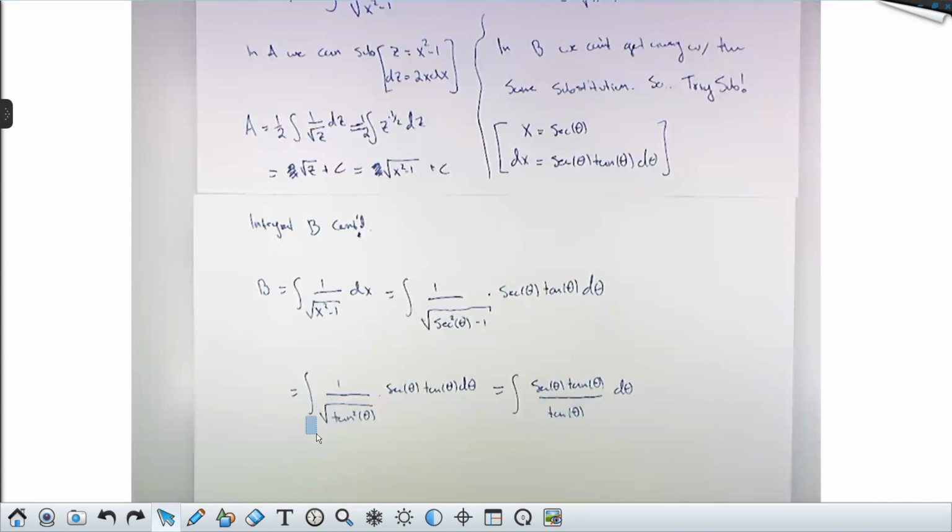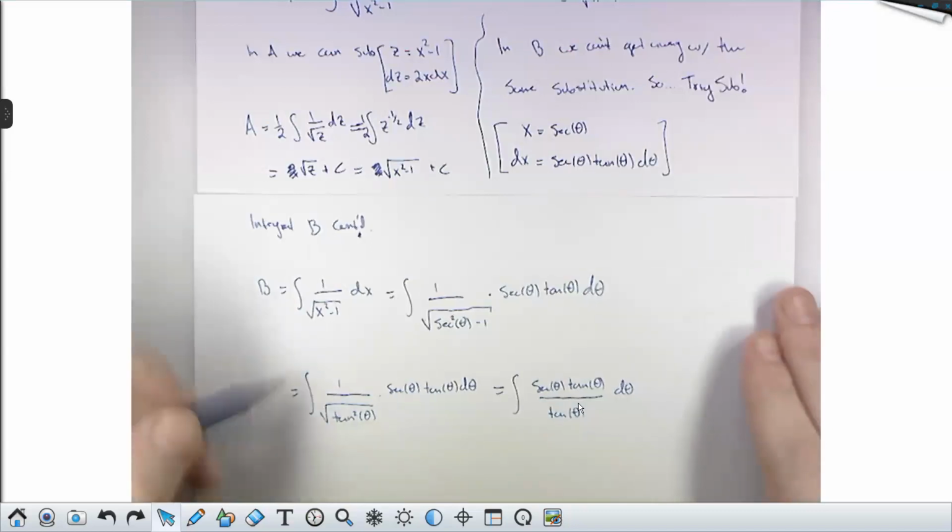In other words, if your bounds were like 0 to pi over 3 or something, that would be okay because tangent is positive there and the absolute value of tangent really is tangent. If your bounds were like negative pi over 3 to 0, then this would actually need to be a negative tangent. But we're not going to stress about those details at this level.